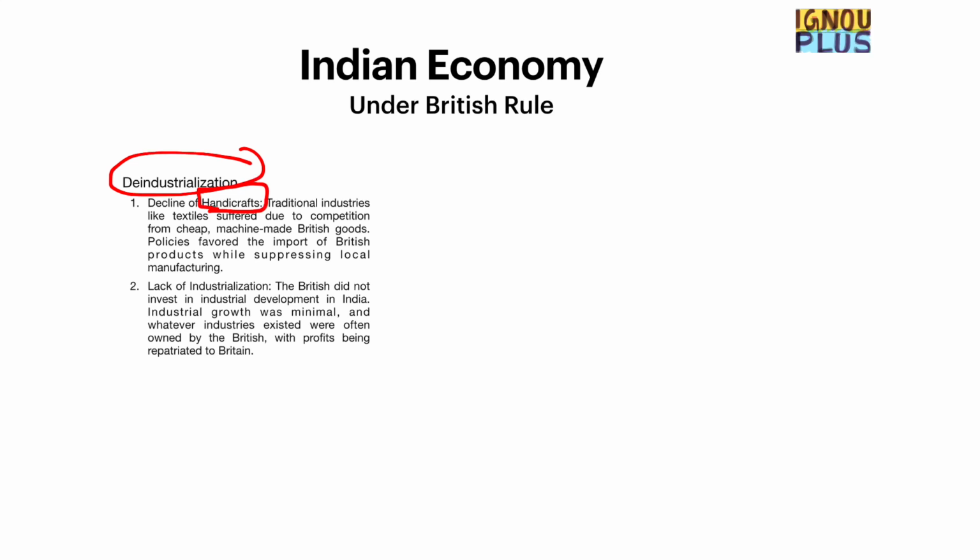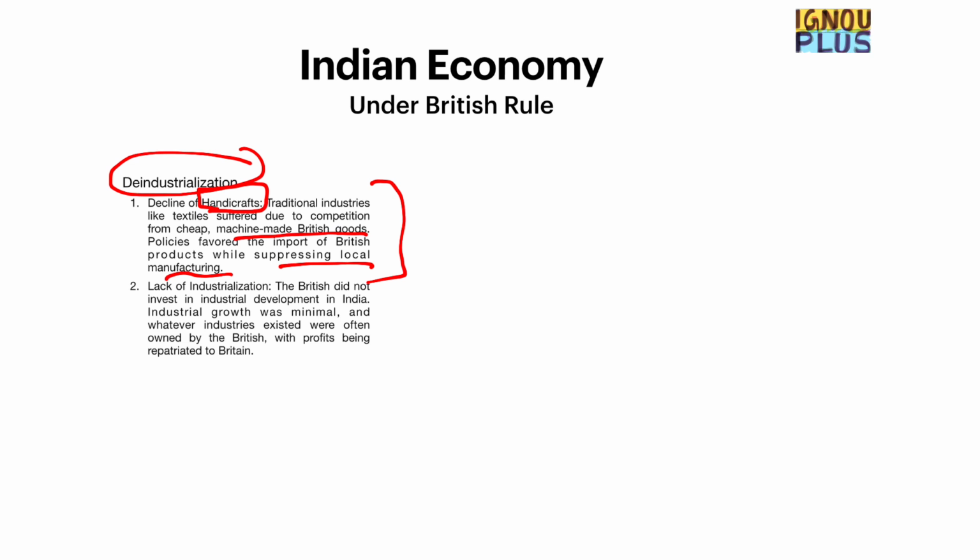Handlooms, the cloth manufacturing industry, was booming in India in those days. British, with their power of machine-made goods and by putting policies in place to suppress the local manufacturing units, just destroyed our industry.